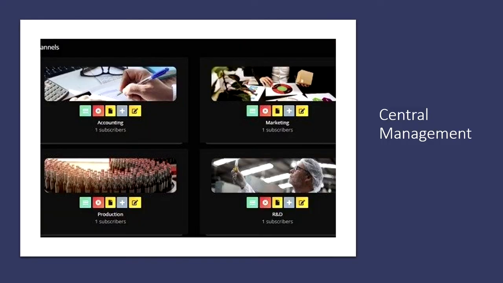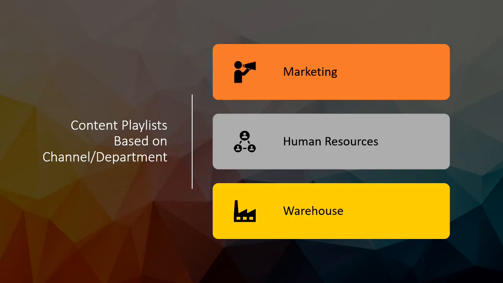So MessagePoint allows you to manage this centrally. As you can see here, we've got some areas set up for different departments. You can click on the plus sign to add videos, add PowerPoints and the like, or to edit them. And you can create separate playlists based on the channel department. So the key performance indicators you might want to provide to the marketing department are quite different than the ones you would provide to the human resources department.